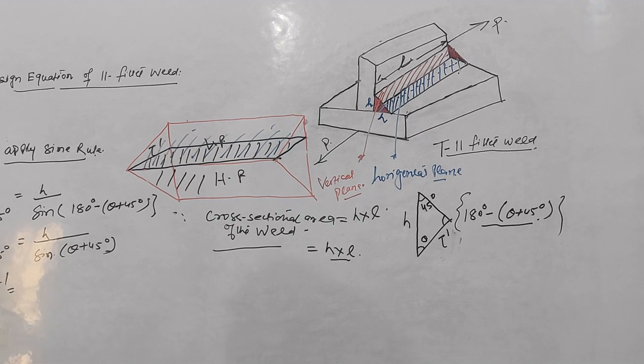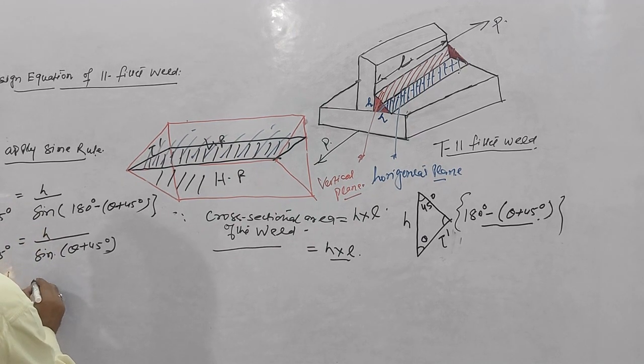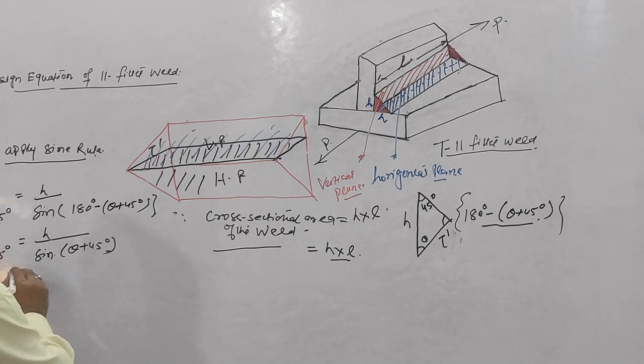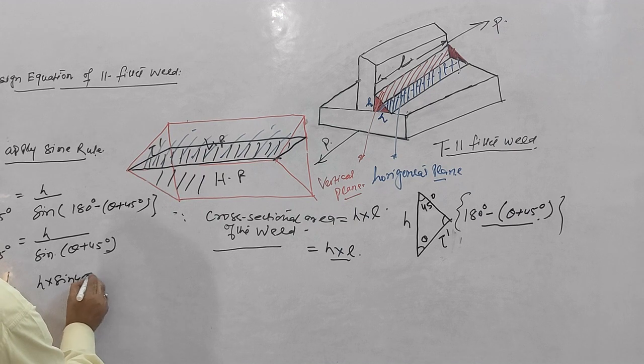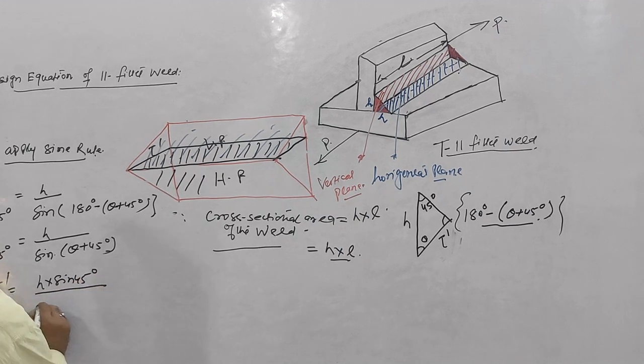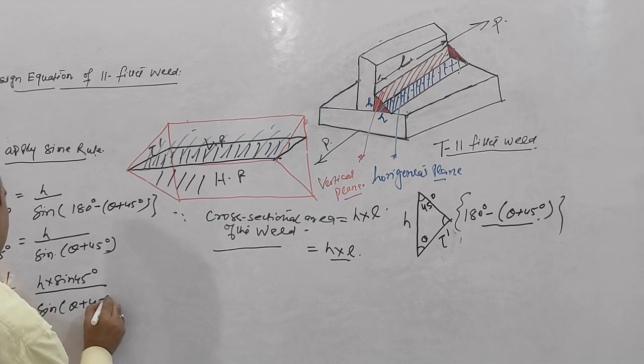Therefore, T dash is equal to h into sin 45 degree divided by sin(theta plus 45 degree).